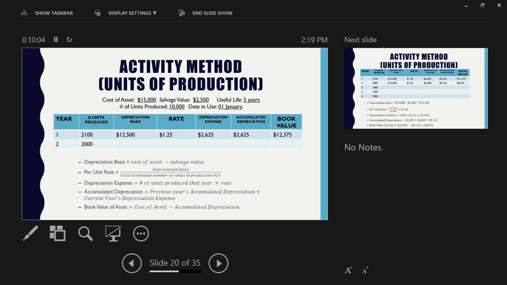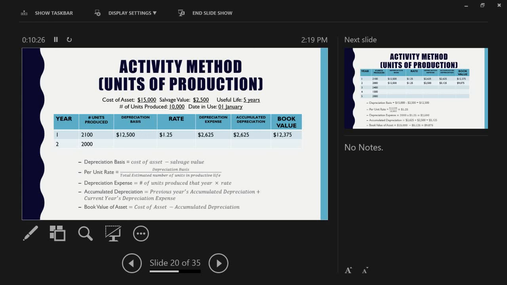No worries. I got 2,500. Correct. Now we're at accumulated depreciation. So we do have a previous year's accumulated depreciation. Yes, it was 2625. Correct.